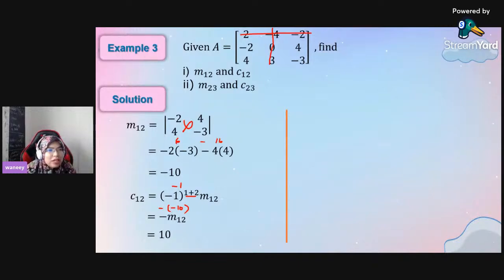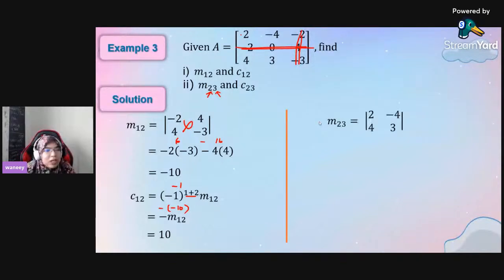M23. Sekejap, saya pakai eraser sikit. Okay, so M23, deleting second row, third column. What do you have? 2, -4, 4, 3.